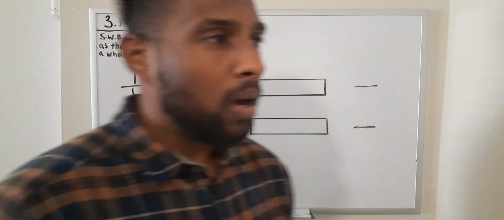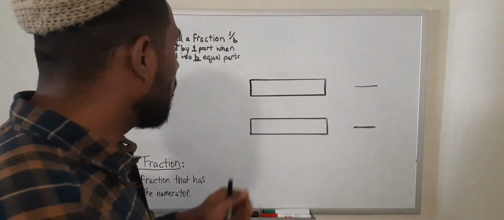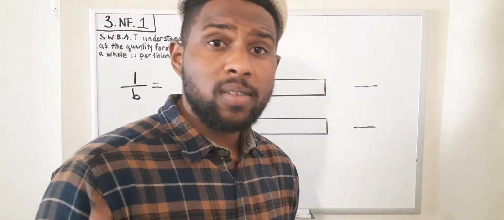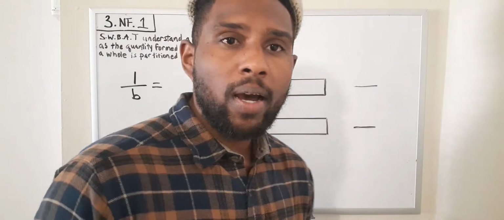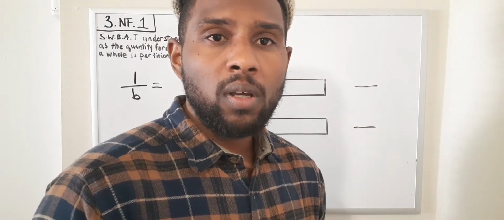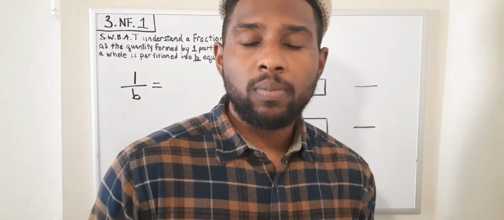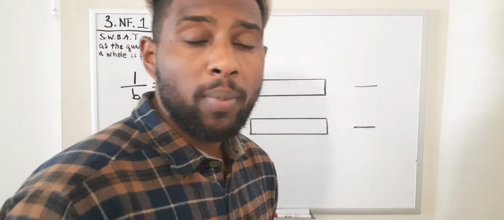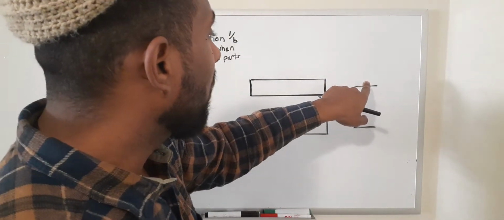Now, when we talk about a unit, it is what we are using to describe a part or what the value of each part is. So that is a unit. When we write a fraction in unit form, we will write out the words of whatever the particular unit is. We won't necessarily express that in number form using the fraction bar as we would in fraction form. In fraction form, at the top we will have the numerator.